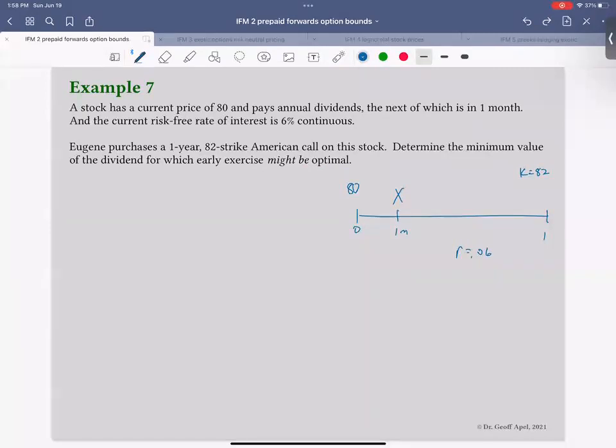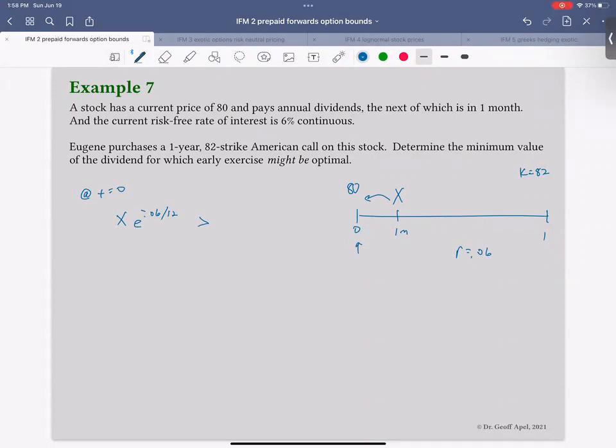So what if I'm at time zero? The present value of the dividends would be Xe to the negative 0.06 over 12, 1 month's worth. But I would want to make sure that's more than the present value of K being paid early.